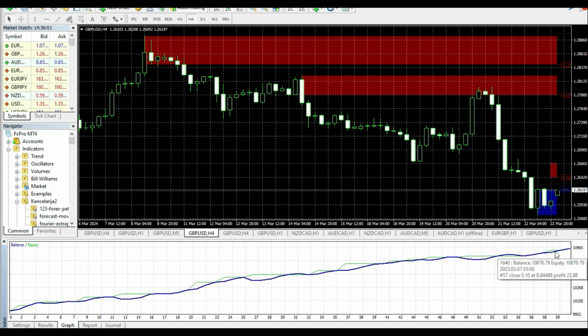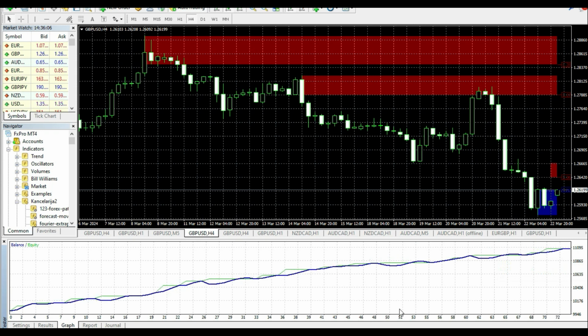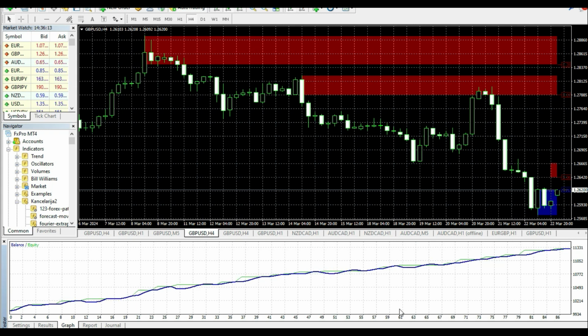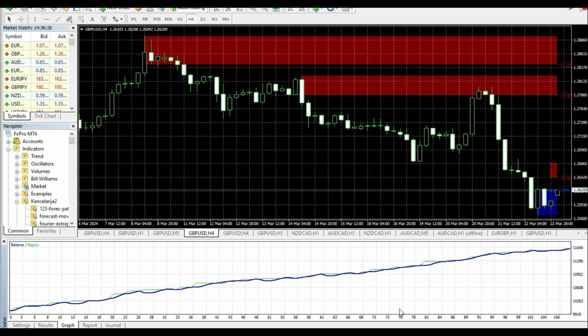I think it's in March, yes, just in 2 months we had better performance than the whole past year when we tested the single trade. Look at this, how very, very good that performance is. So the stacking strategy represents very, very good performance.